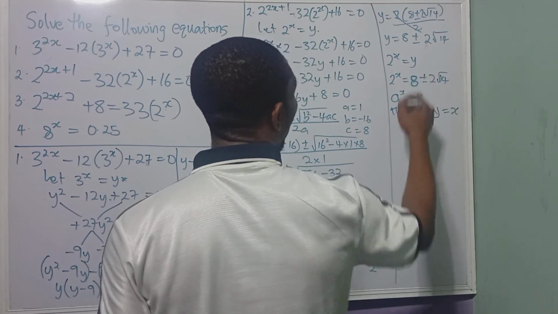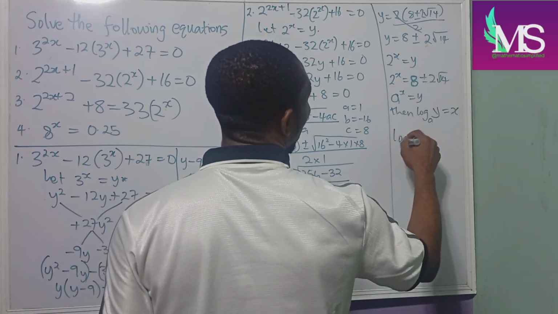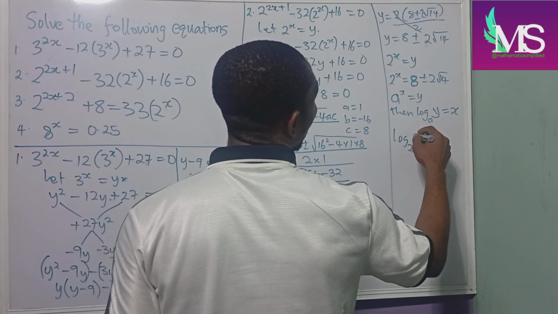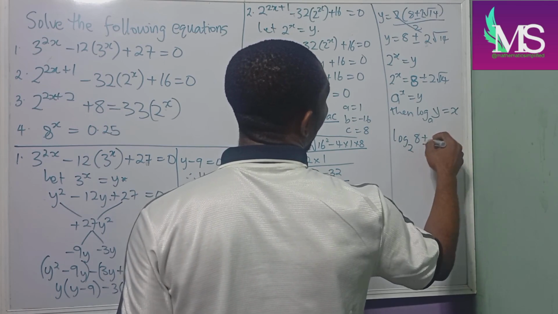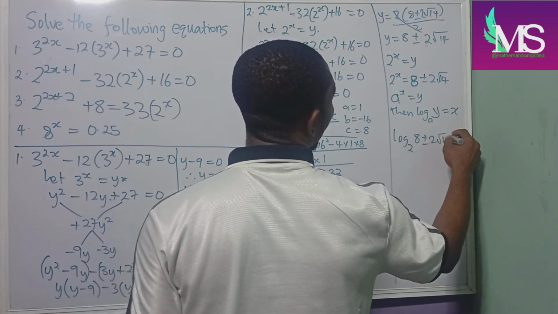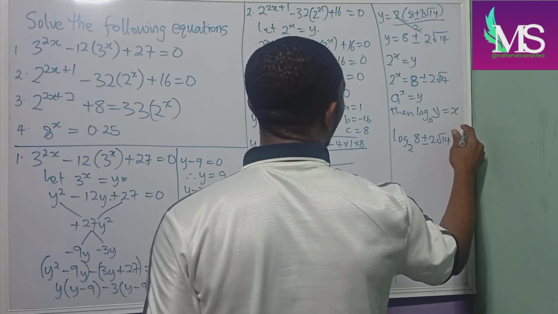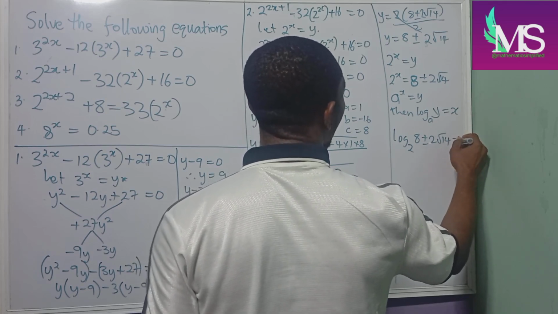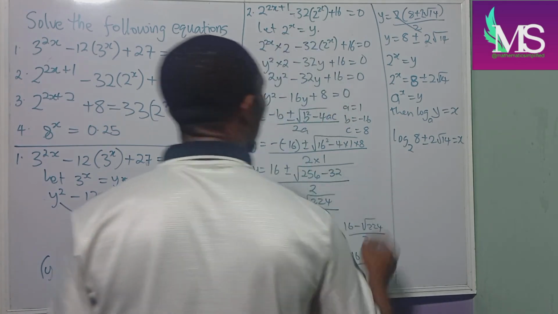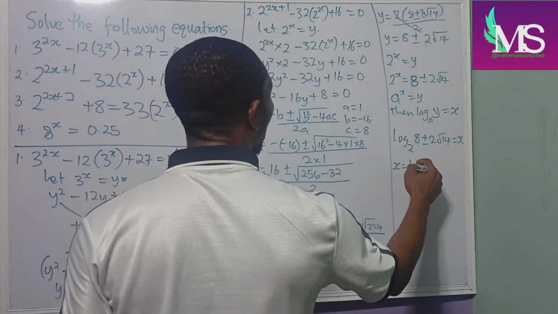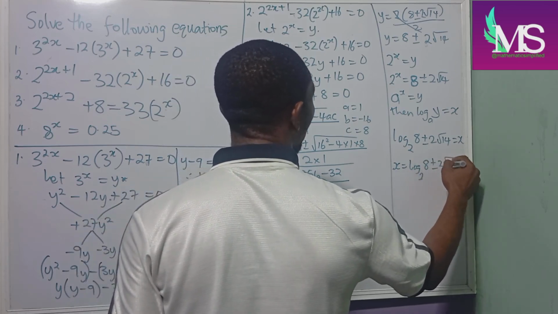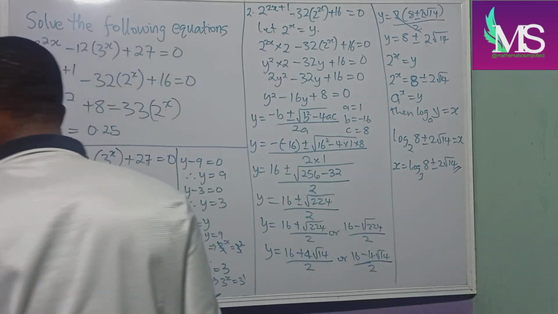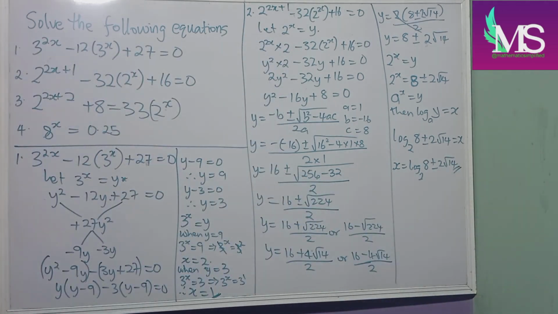Applying this here, this becomes log base 2 of 8 plus or minus 2 root 14 equals x. So the value of x will be log base 2 of 8 plus or minus 2 root 14. Okay, that's for the second question.